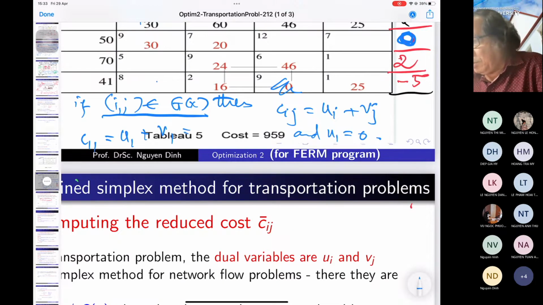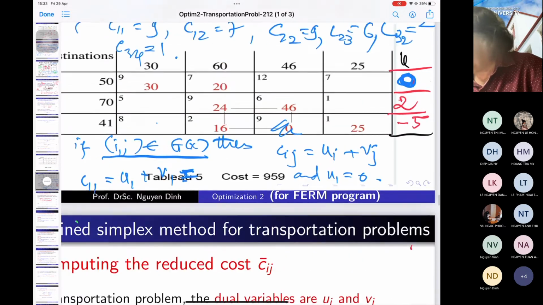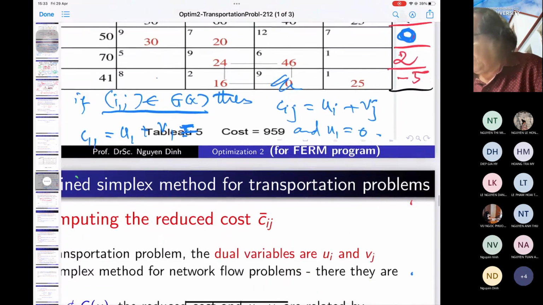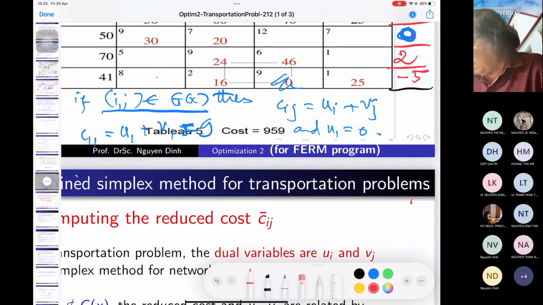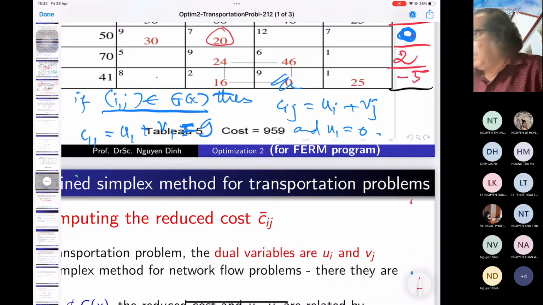What is C11? C11 is 9. So you have the system: U1 plus V1 is 9. And now C12. Here, look.